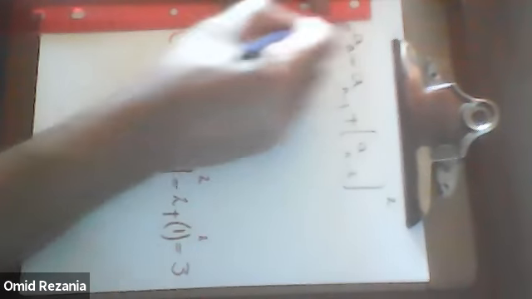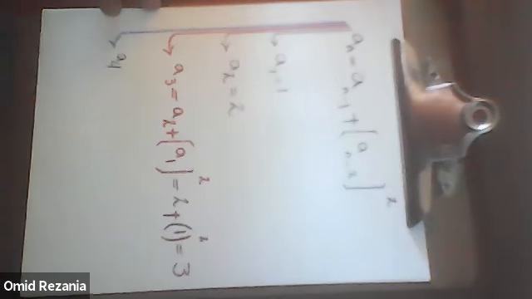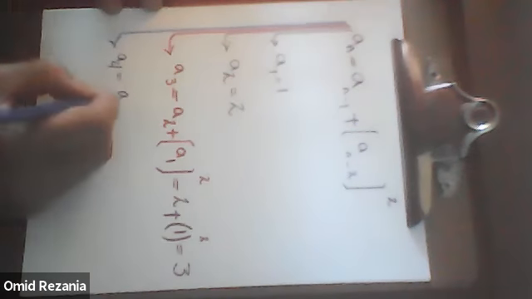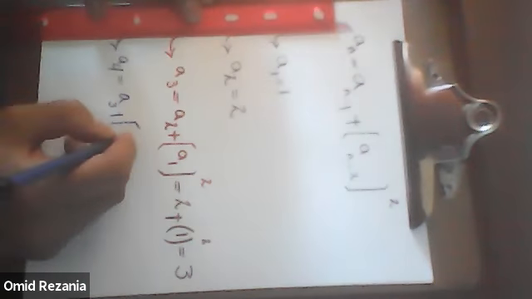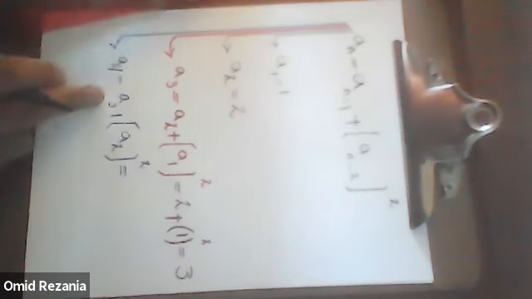Now we want to construct A4. I do A4 and A5 and you do the rest yourself. A4 means the case that you put n equal to 4, which represents your sequence as A3 plus A2 squared. How much is your A3?